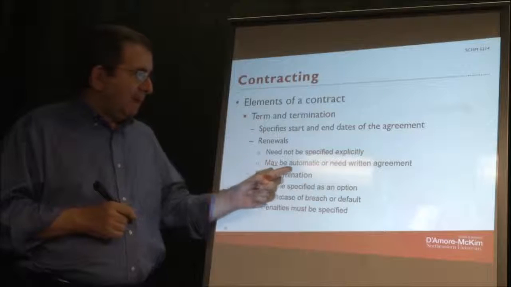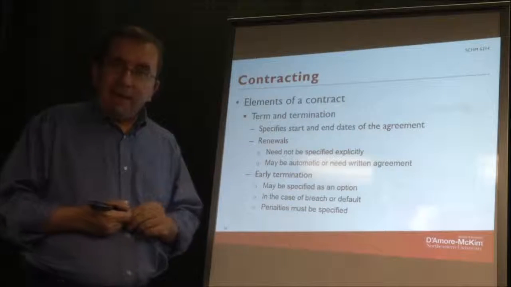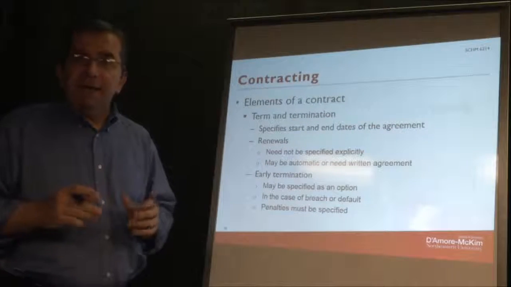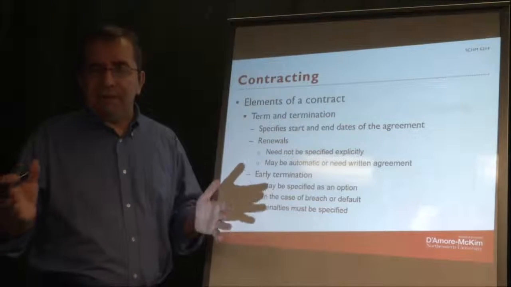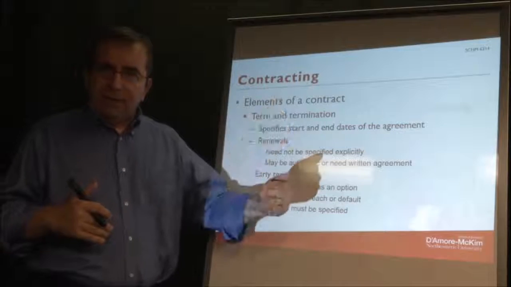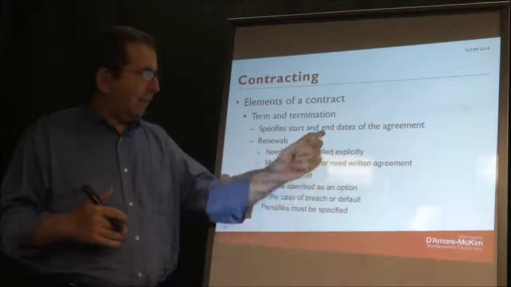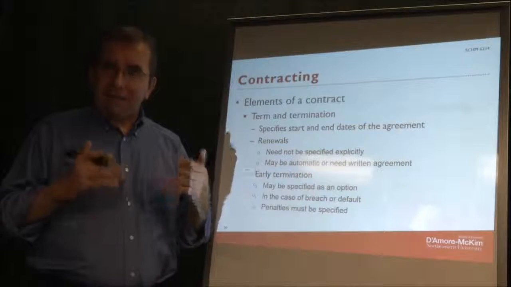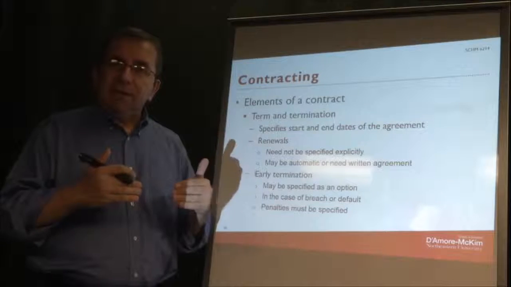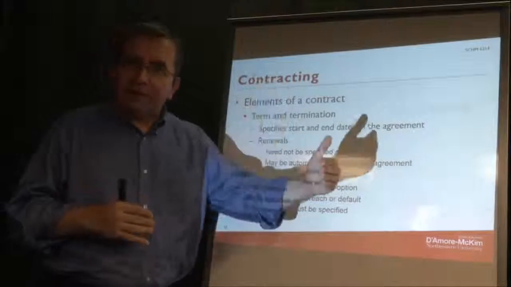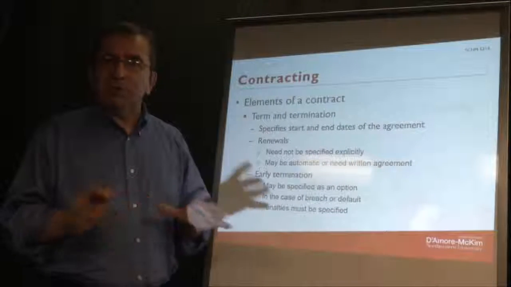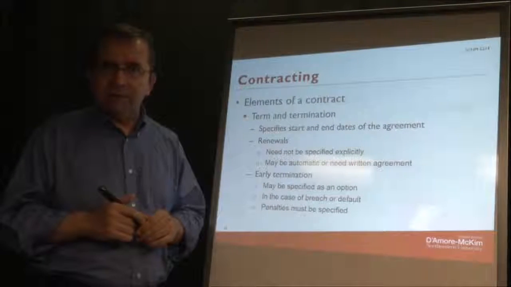Sometimes the renewal may be automatic, so you could say, okay, this contract will be renewed automatically. So the expiry date, the end date, will come. That's fine, but then without you having to do anything, the contract will be renewed because that's what you've written in the contract.